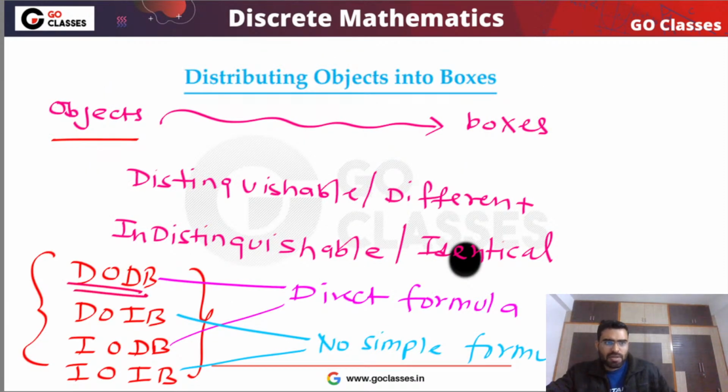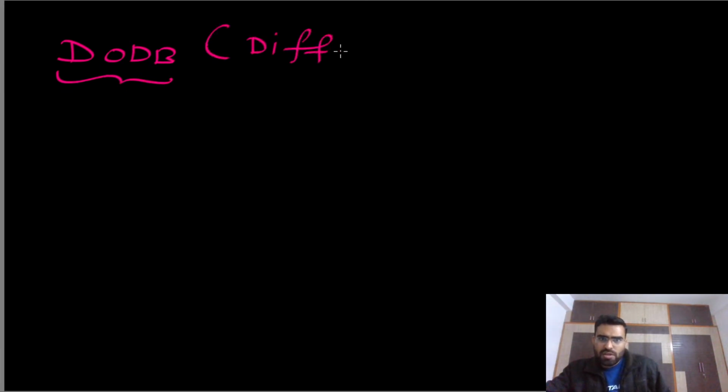This is simple permutation and combination that you have to apply. In DODB, which means different objects, different boxes, your objects are different and your boxes are also different.